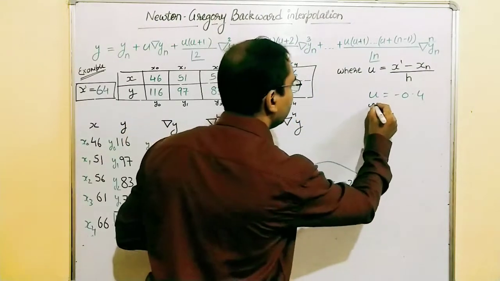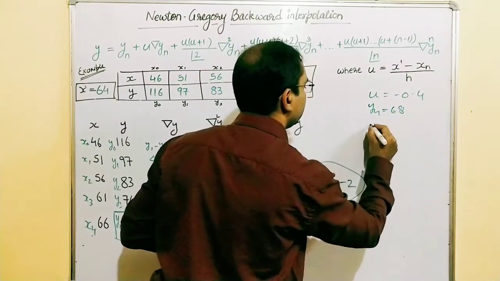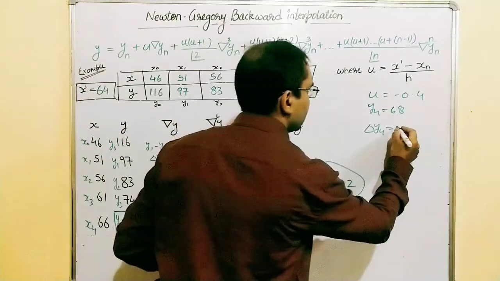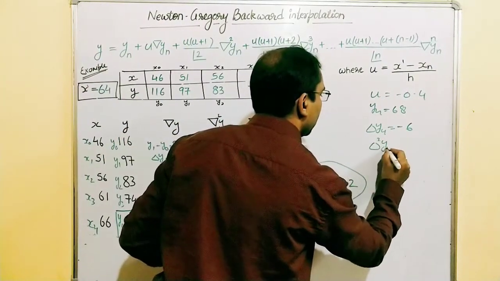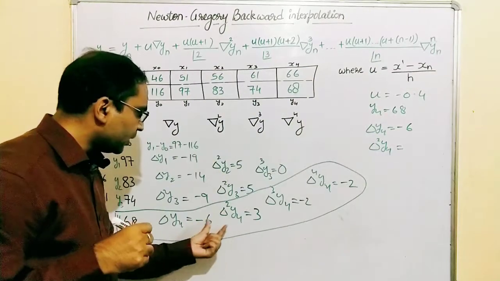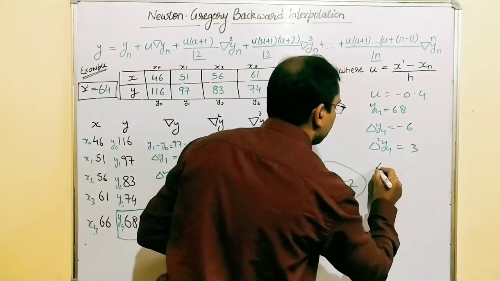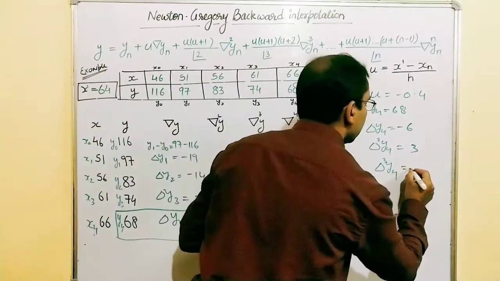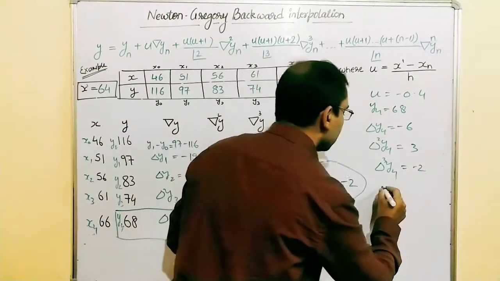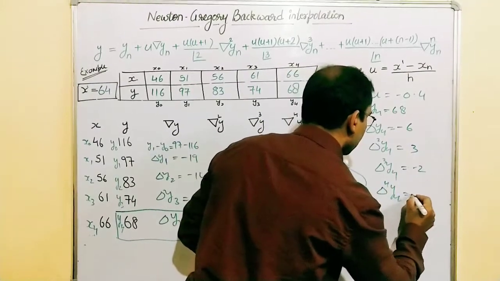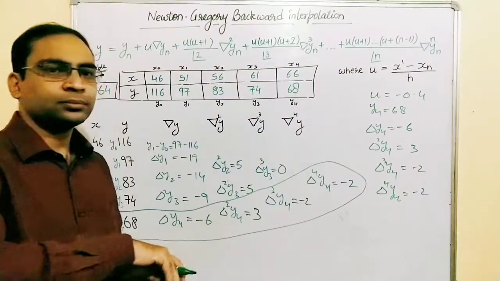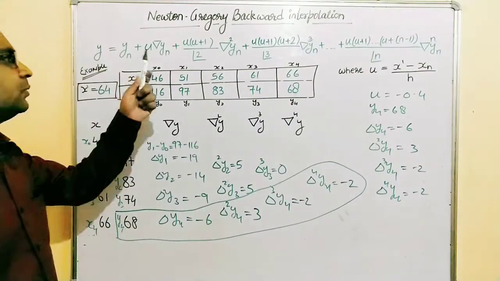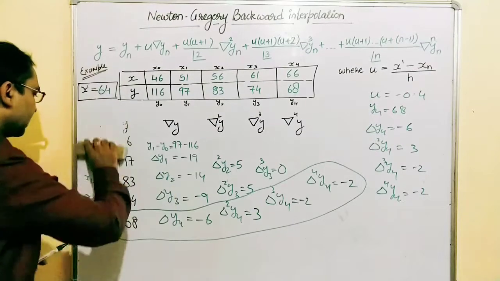So we have y4 is 68, del y4 is minus 6, del 2 y4 is 3, del 3 y4 is minus 2, and lastly this is del 4 y4, this is again minus of 2. So we have all these values.